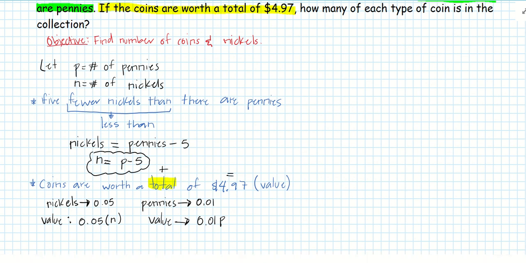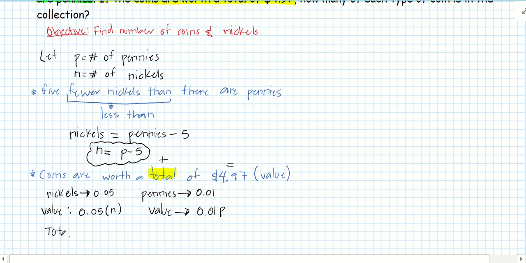So if I go ahead and add, let's say total value, the total value will be 0.05N, whatever the value for the nickels, plus 0.01P, whatever the value of the pennies, equals $4.97.